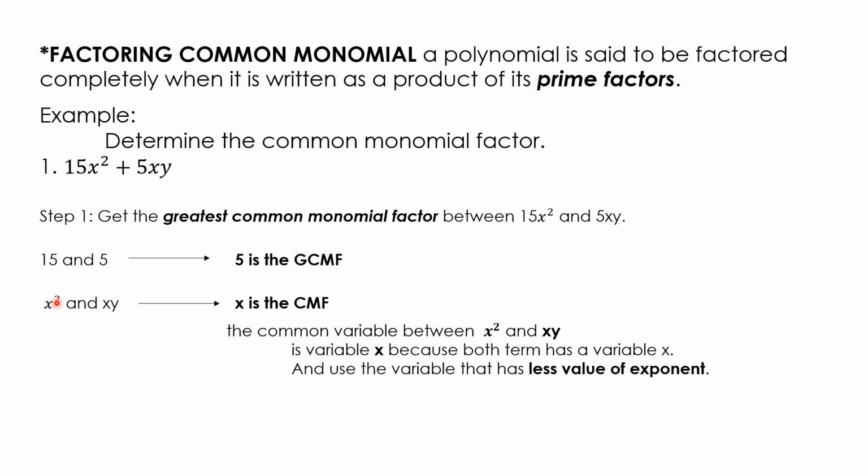The exponent of x here is 2, and in the other term, the exponent is 1. So we take the lesser exponent, which is 1. So our common monomial factor is x, not x squared, because we need to take the lesser value of exponent.